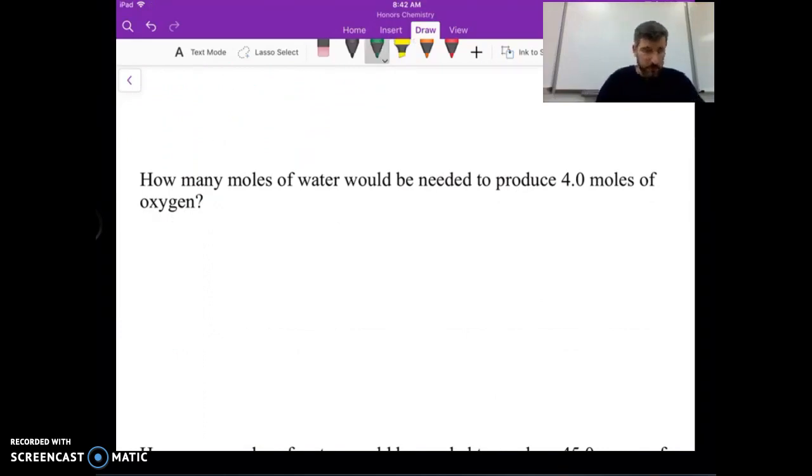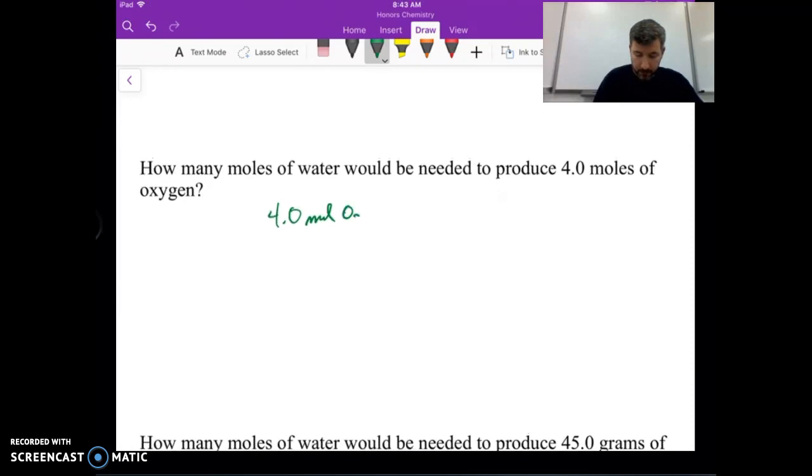So I'm going to do this using dimensional analysis. If you remember how that works, I just start with my number with units. So 4.0 moles of oxygen over 1. So moles of O2, and then I'm looking for moles of water. And the thing you have to understand is, in any stoichiometry problem where we're being asked to convert between 2 units, we can always go from moles of one substance in a balanced equation to moles of another.